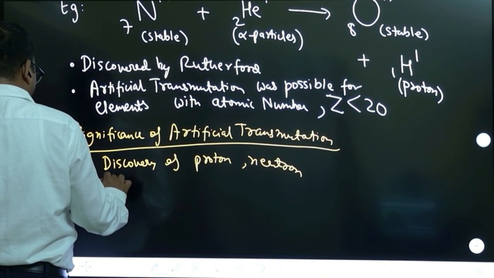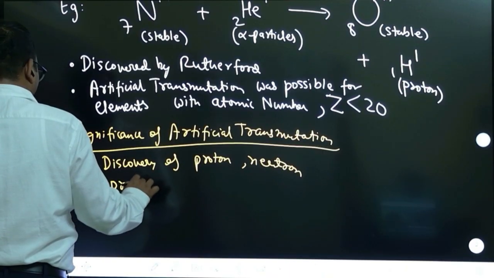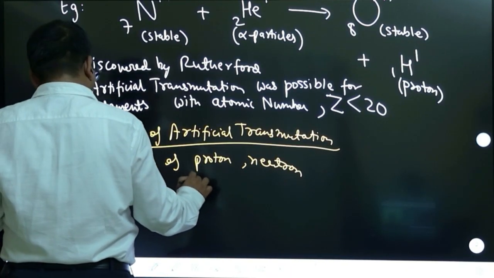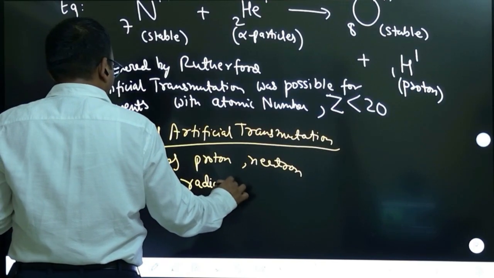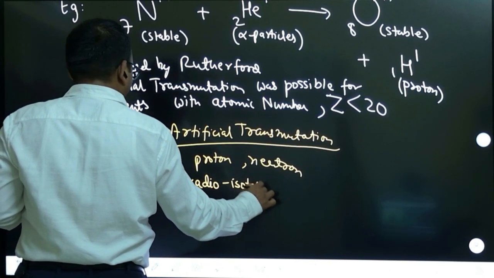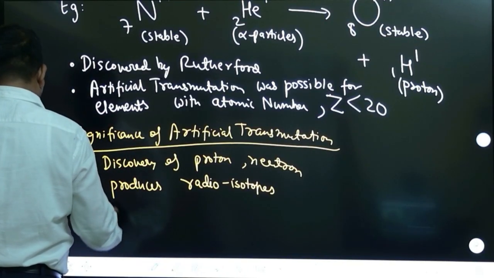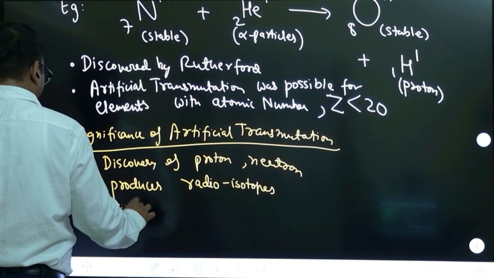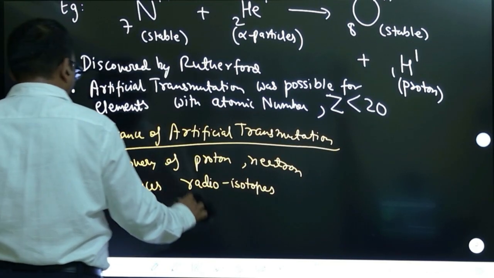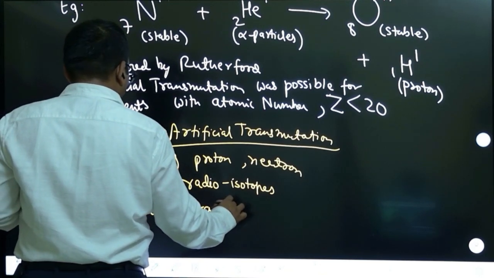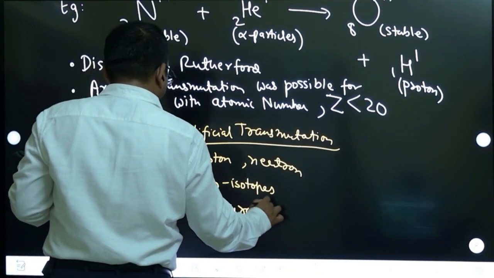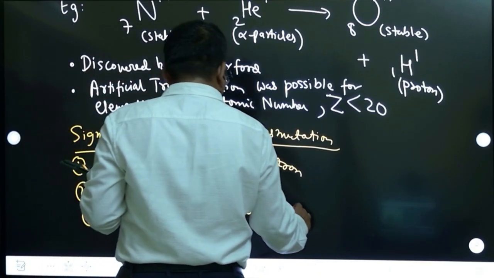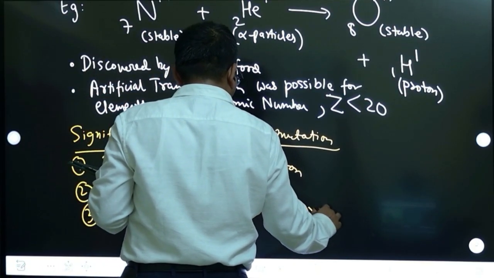Then it also produces radioactive isotopes or radioisotopes, and it also produces transuranic elements. What are transuranic elements?